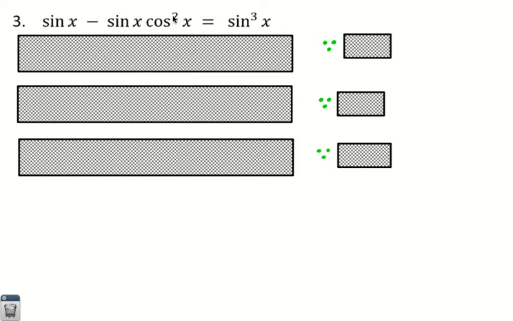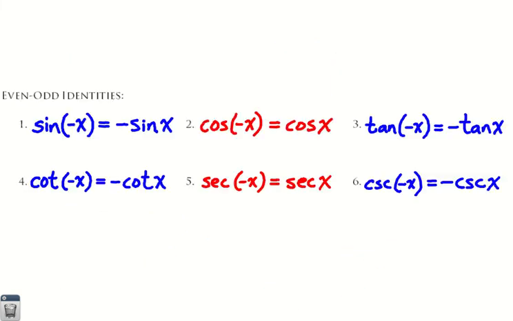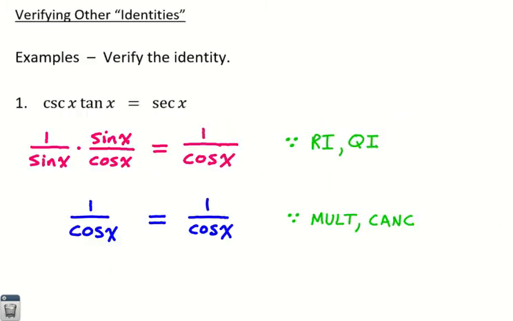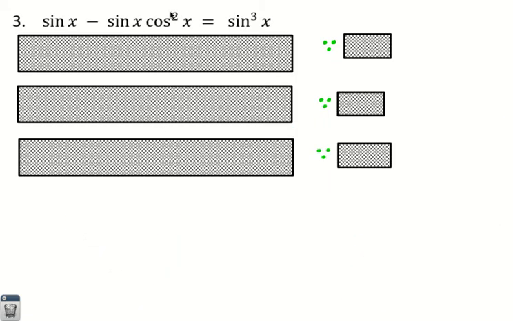Maybe you notice the cosine squared, see what I was just talking about? If you move things around in the Pythagorean identity, what would the cosine squared of x be equal to? If you move this piece over to the other side, you could replace this piece with 1 minus the sine squared, and then go from there.